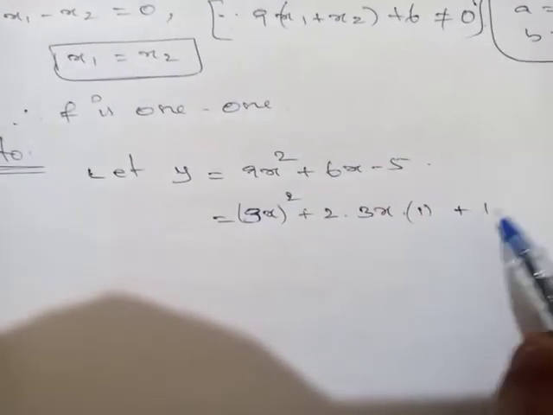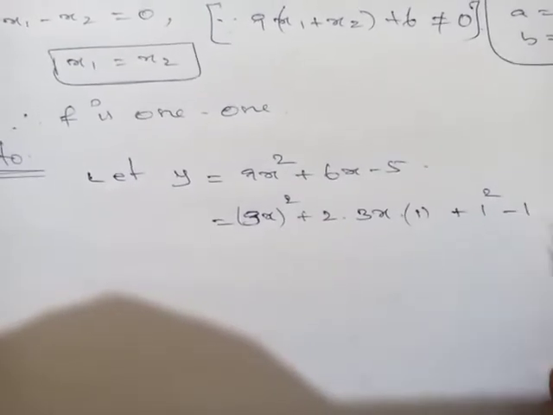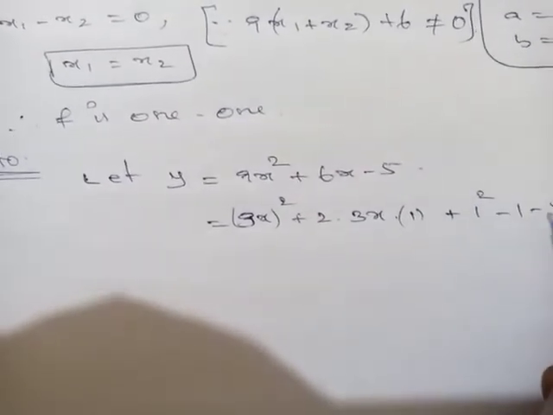So by using that method, 9x square can be written as 3x the whole square, plus 6x, I am writing like this, 2 into 3x into 1. So here a square plus 2ab plus b square we need. So plus 1 square, minus 1 square, minus 5.